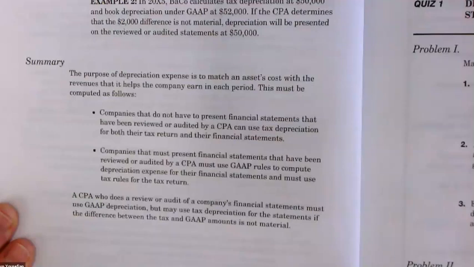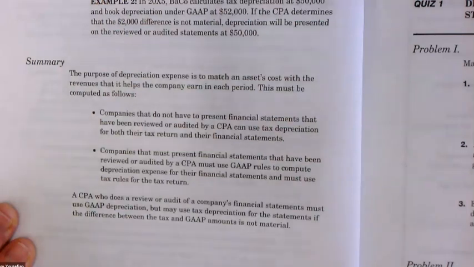So in summary, the purpose of depreciation expense is to match an asset's cost with the revenue that it helps the company earn in the same period. So this is a matching principle issue.